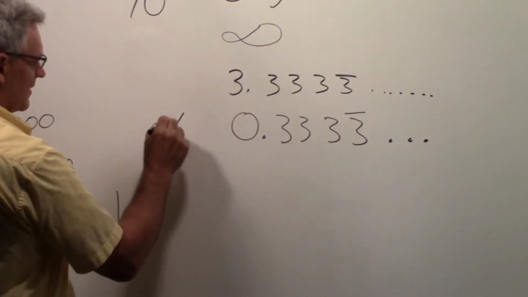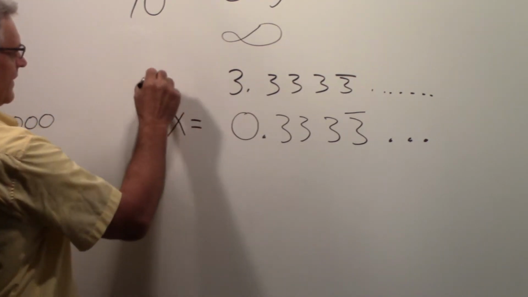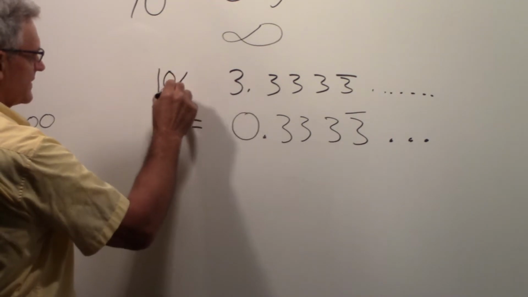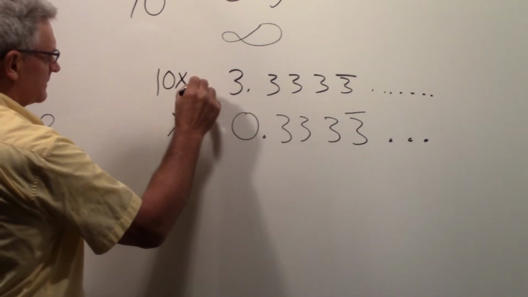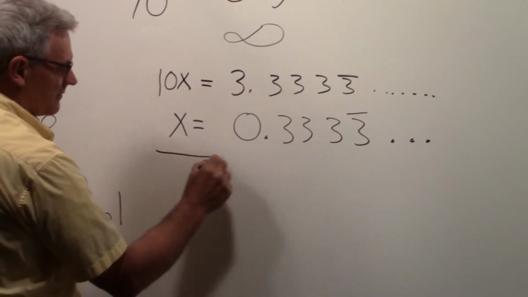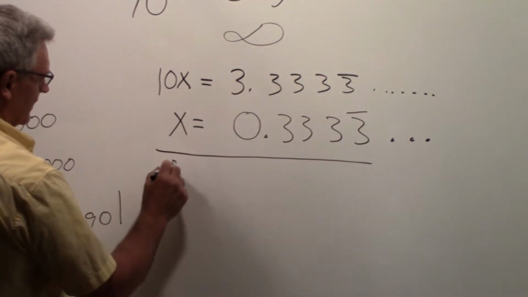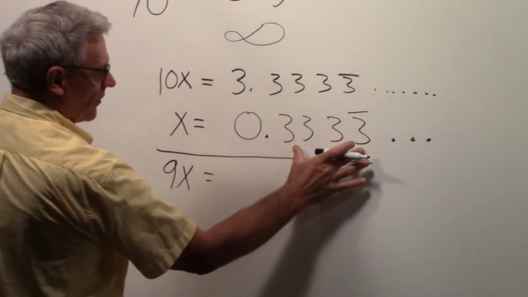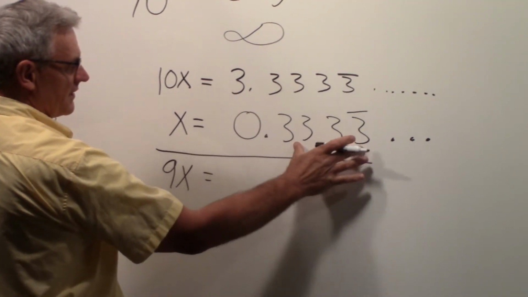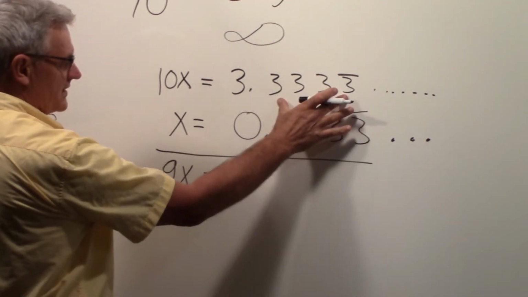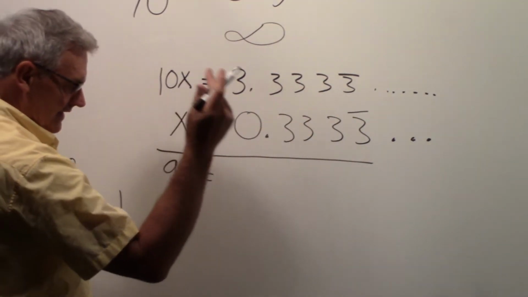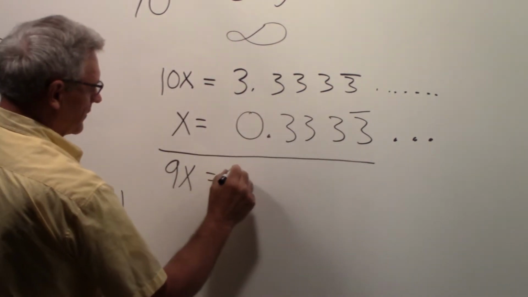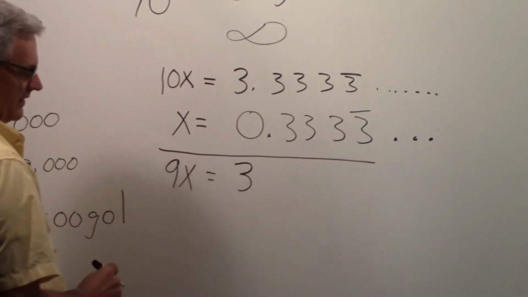So if we call this number x, and we call this number 10x, and we subtract them, we'll get 9x here, and that is equal to all of the infinite number of 3's here, cancel all the infinite number of 3's here. That's what's given us an idea of infinity now. So we're left with exactly 3.